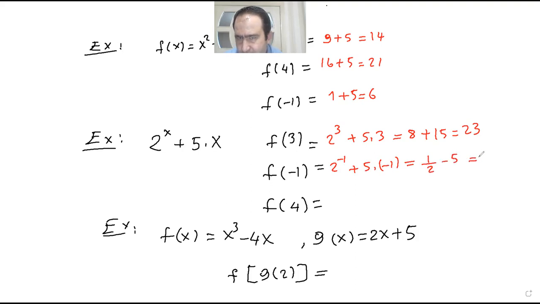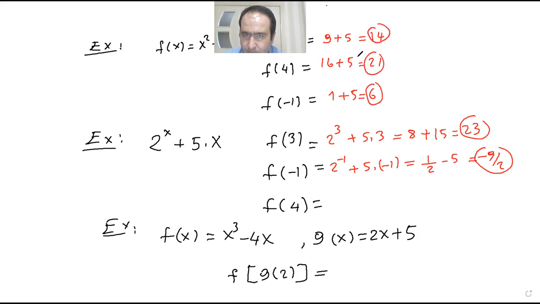This is minus 9 over 2. And this is 2 to the power 4, 16, plus 5 times 4, 20, is 36.